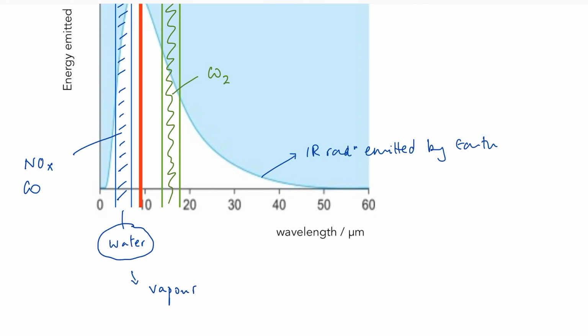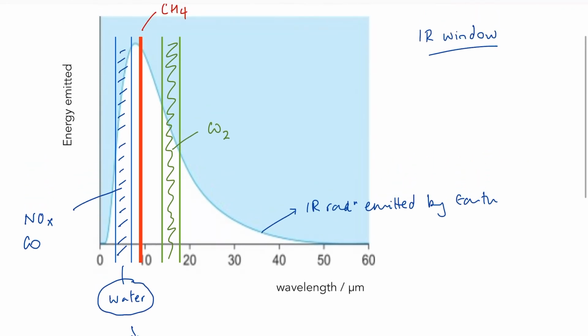We have a positive feedback loop. So the chemistry of greenhouse gases, of global warming, is very, very complex, which is why it's so difficult to model. However, I hope that gives you a better understanding of what's actually happening and how these molecules are contributing to the warming of our atmosphere.